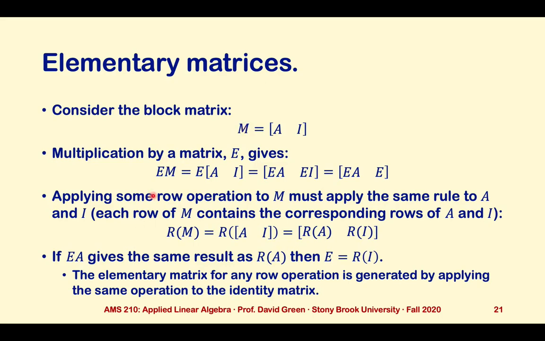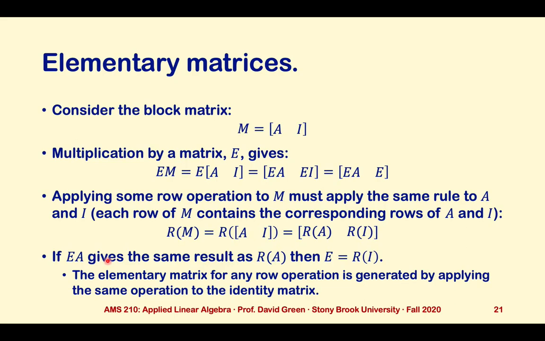If we apply a row operation to M, we must be doing the same row operation both on A and on I, because we're looking at a whole row of the matrix M. We can represent this: R acting on M is equivalent to a block matrix of R acting on A and R acting on I.